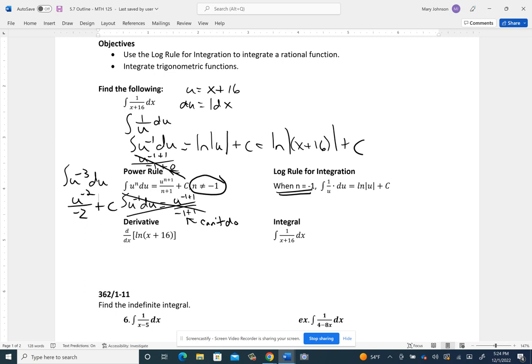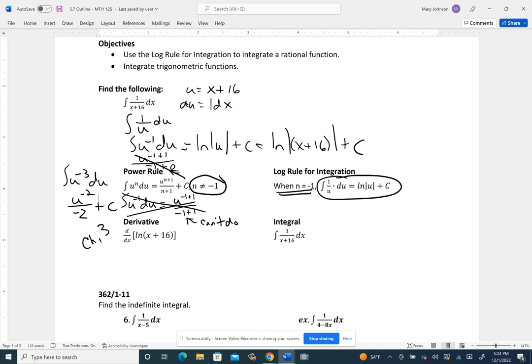So this is the rule that we use. This is when the log rule for integration is going to be used. Let me remind you where this log rule comes from. It's just the reverse of finding the derivative of the natural log. For instance, back in chapter 3, you had to do the derivative of the natural log of x plus 16.